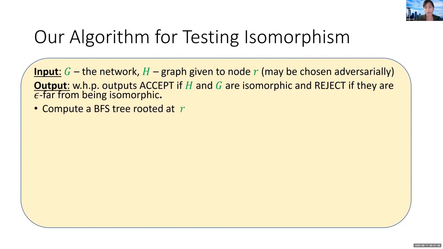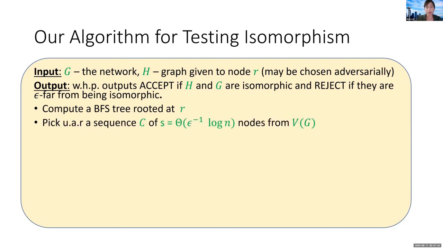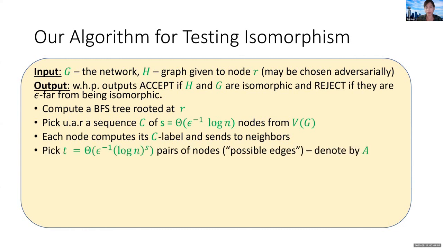The first step is to compute a BFS tree, which is rooted at R. Then we pick uniformly at random a sequence C of nodes, of size poly log n over epsilon. Then each node computes its C label and sends it to its neighbors.